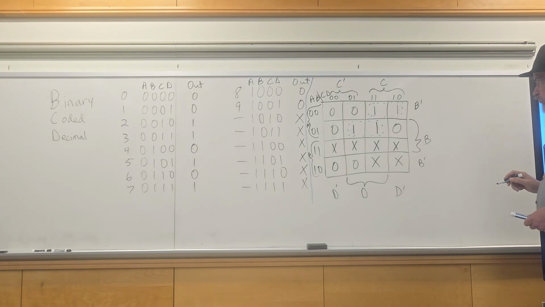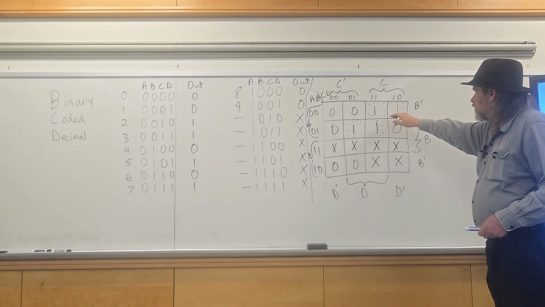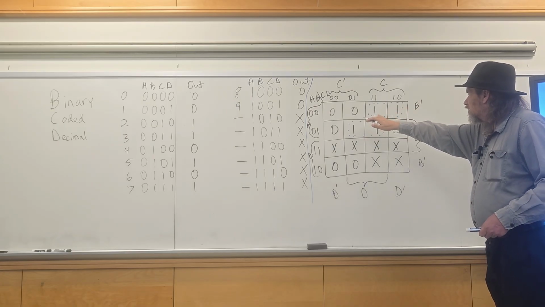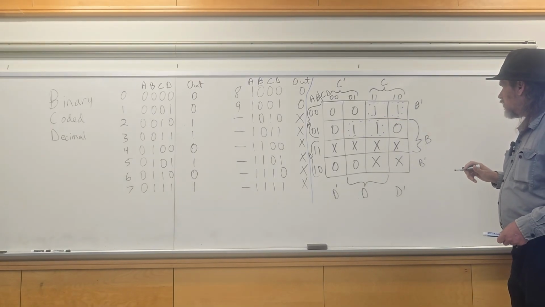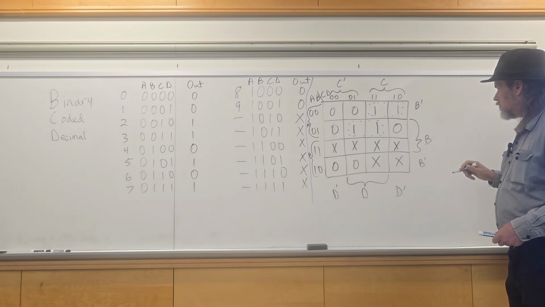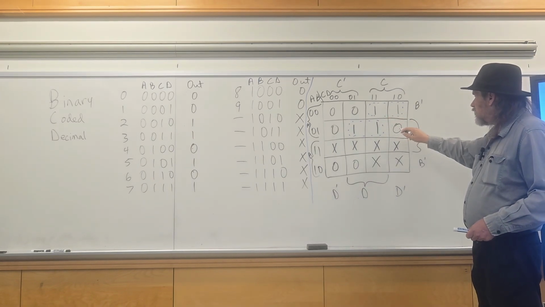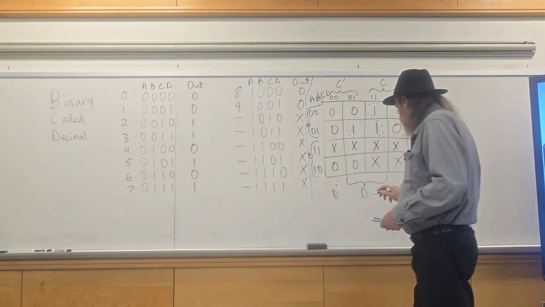So you would have C, B prime, C, A prime. No. What would this group be? B prime, A prime. Yeah, that's right.